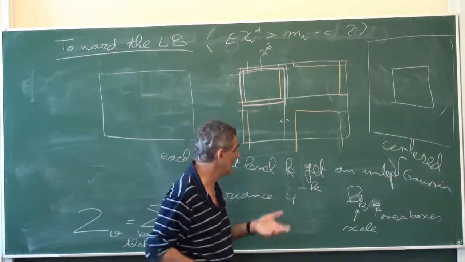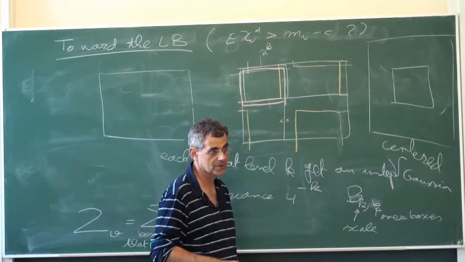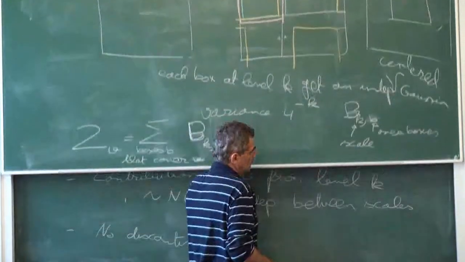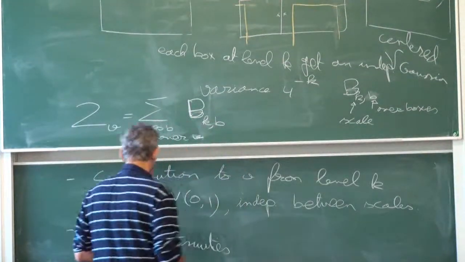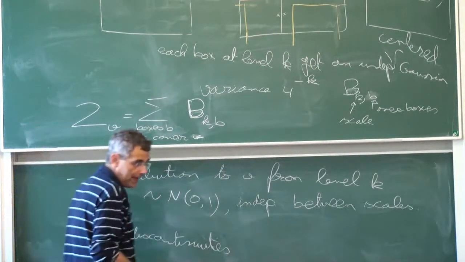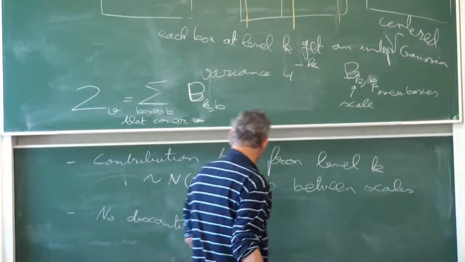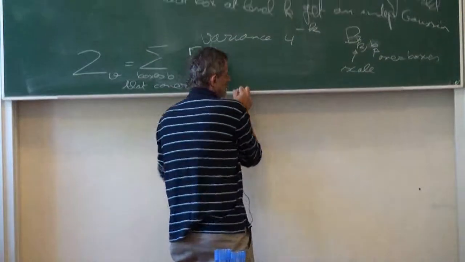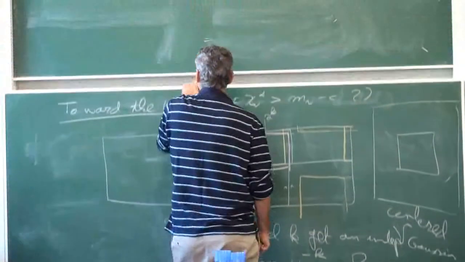Everything is here a function of the Euclidean distance. Okay? So we have no discontinuities. And in fact, we have the following fact. Maybe I should write it here.